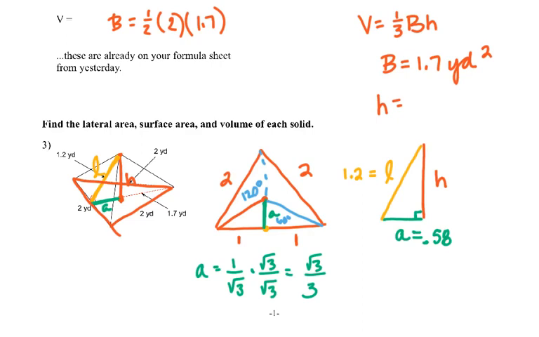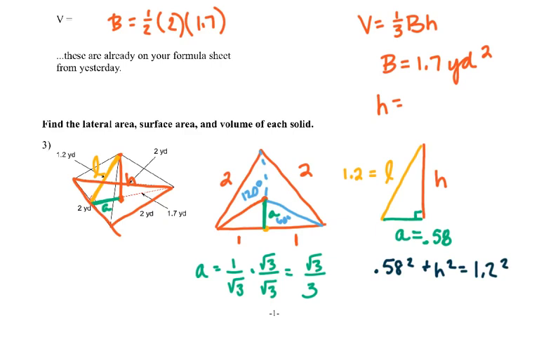We've got two sides of this right triangle, and now we're going to find our height using the Pythagorean theorem. So 0.58 squared plus 1.2 squared is equal to, that is not what I am doing. That was a hypotenuse, sorry. Okay, 0.58 squared plus h squared is equal to 1.2 squared.